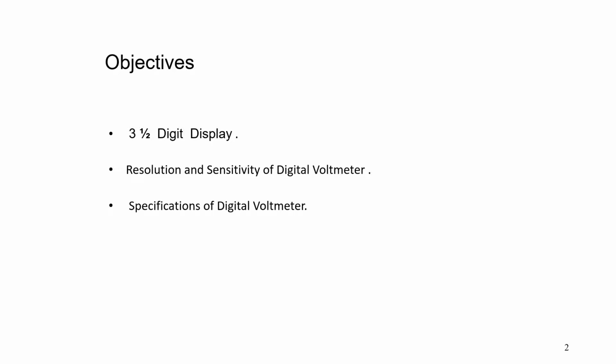In addition to these features, many digital instruments have an output facility enabling permanent records of measurements to be made automatically.